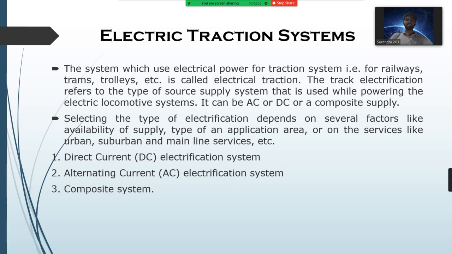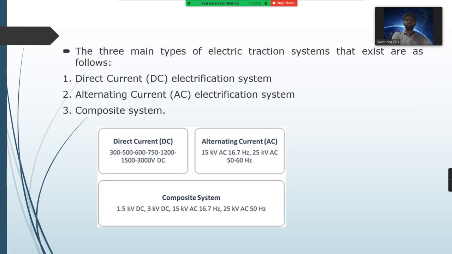There are three types. The first one is the direct current electrification system, the second one is the alternating current electrification system, and the third one is the composite electric traction system. Among these three types, direct current is operated under 300, 500, 600, 750, 1200, 1500 and 3000 volts. These are the voltage ratings of direct current electrification systems.